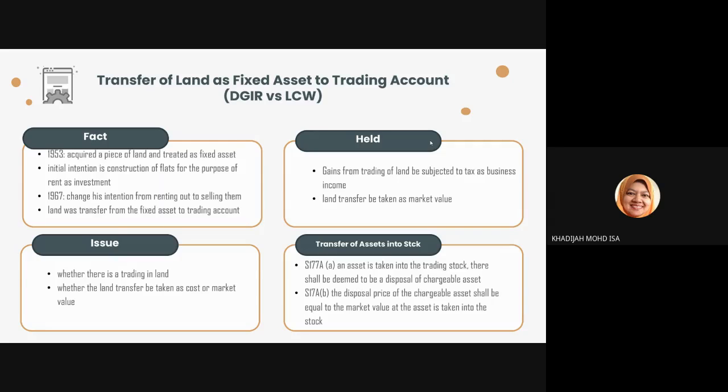Because the date of disposal is also lost, right? So it's one chapter by itself regarding the valuation of stock, under the title stock in your advanced taxation textbook.